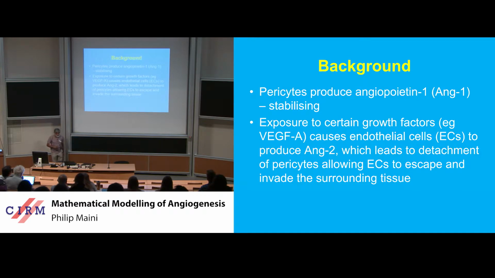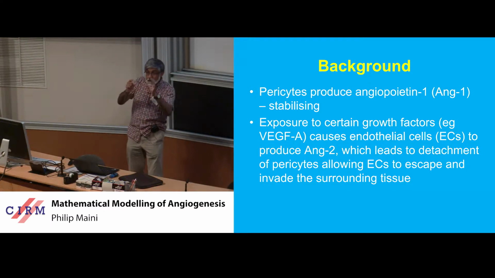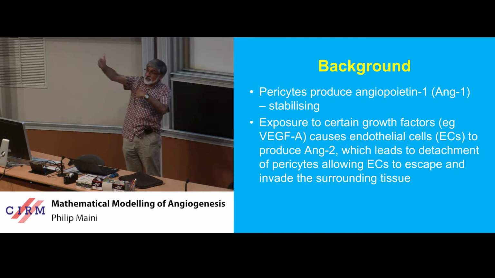Okay? A lot of work, so you can see immediately here the multi-scale aspect of this, because you've got these proteins, Ang1 and Ang2, interacting with each other. You've got a tissue scale level, which is the VEGF moving from the tumour to the blood vessels.